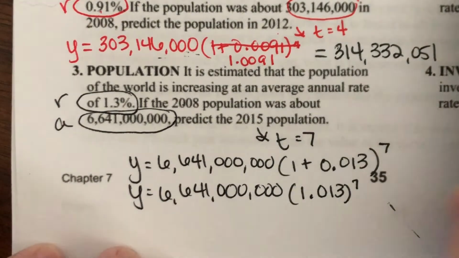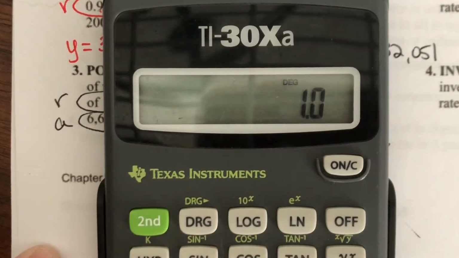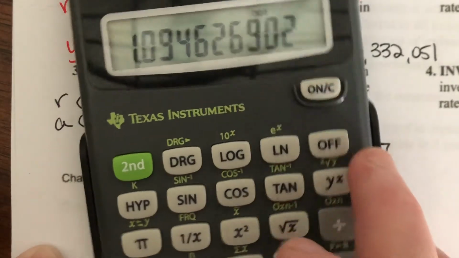And now I can simplify that in my calculator. 1.013 raised to the 7th, using this little y to the x key, 7, equals that long number.